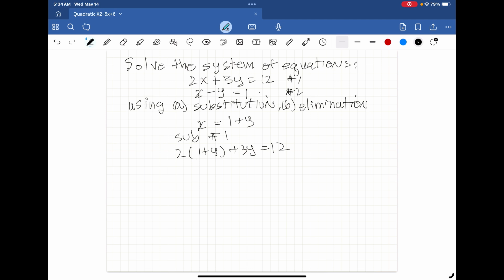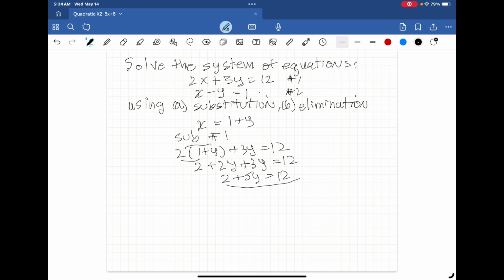Now if we solve this out, I'm multiplying this out here and then here. So 2 plus 2y plus 3y is equal to 12. 2 plus 5y is equal to 12.